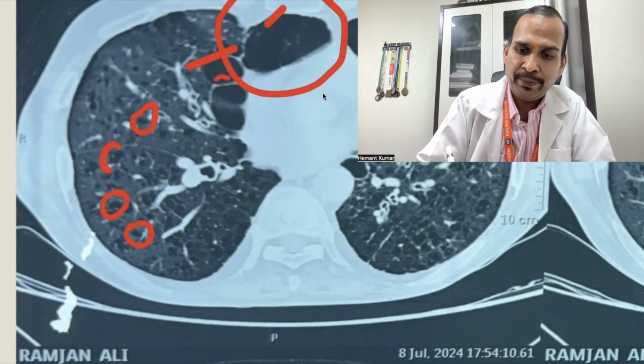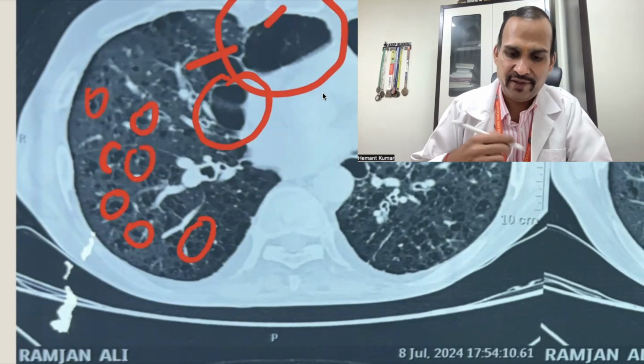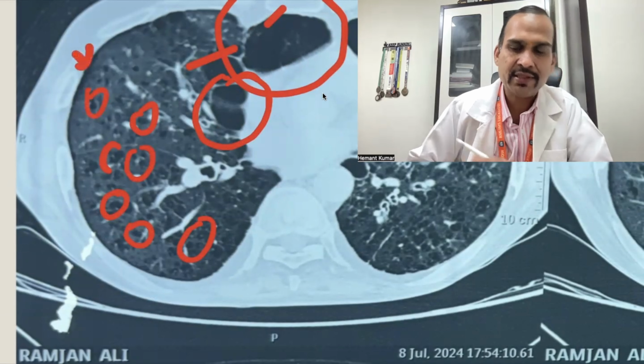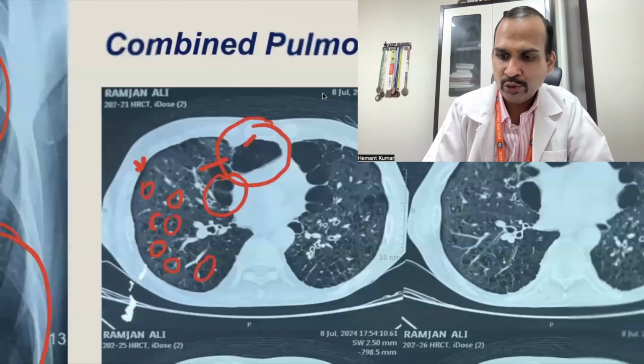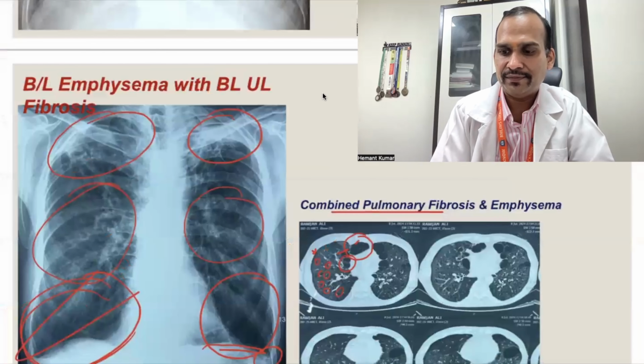So this is paraseptal, and this small cyst, this is centriacinar emphysema. And carefully you can see subpleural emphysema. This is paraseptal emphysema. So this is a case of combined pulmonary fibrosis and emphysema.